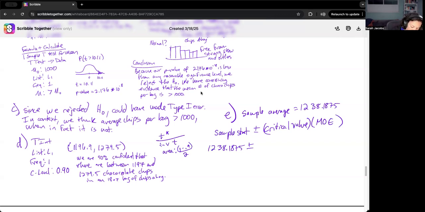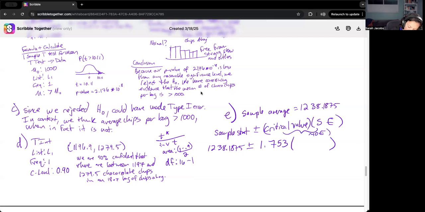And then our sample size was 16, so our degrees of freedom in this case is just 16 minus 1, n minus 1, so it's going to be 15. And so we're going to get our critical value. Again, we can ignore the negative because that's taken care of by the plus or minus. 1.753 times our, excuse me, not our margin of error up here. This should be our standard error. This whole thing is our margin of error.